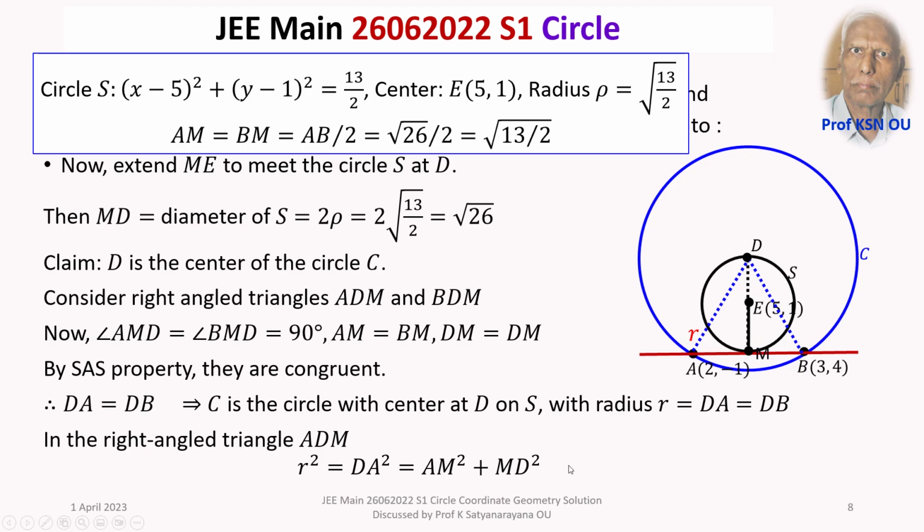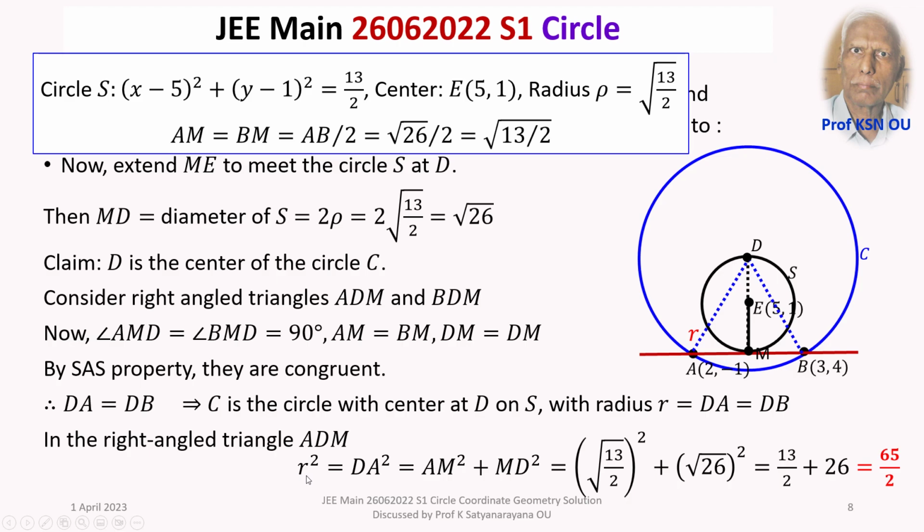And we know AM is root of 13 by 2. So root of 13 by 2 squared plus MD squared. MD is the diameter of S, that is root 26. Root 26 squared. So it will be 13 by 2 plus 26. Taking the LCM and simplifying, we get 65 by 2. So thus we got the answer for R square.